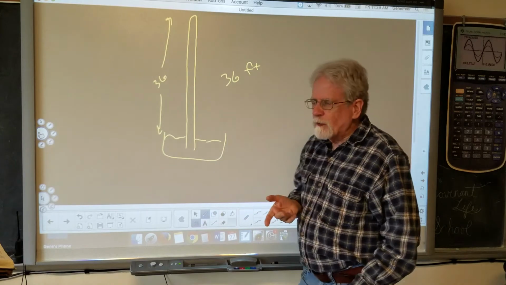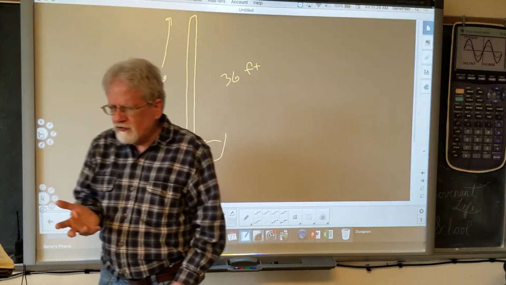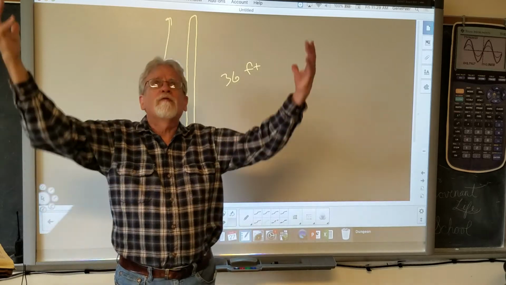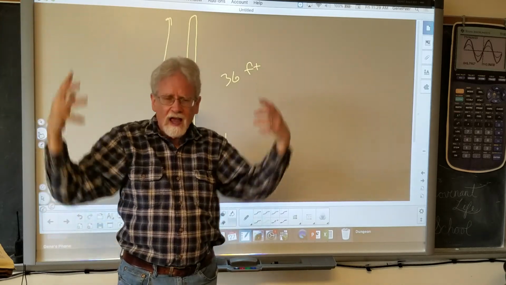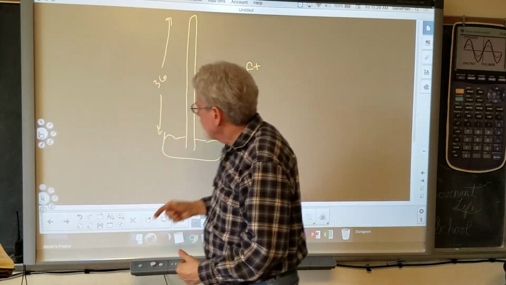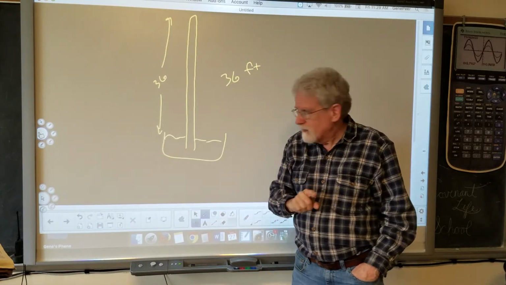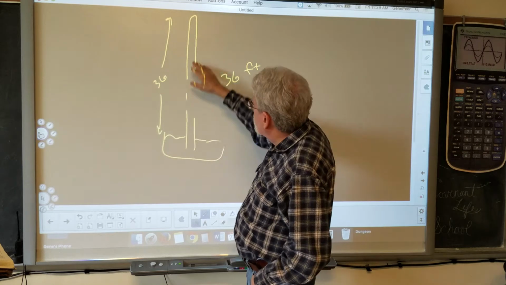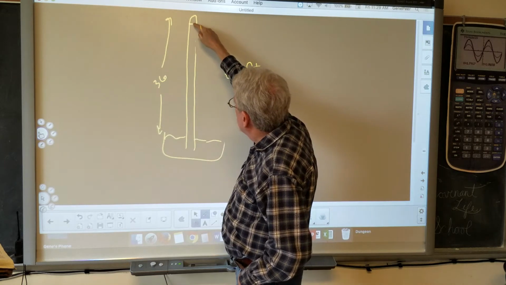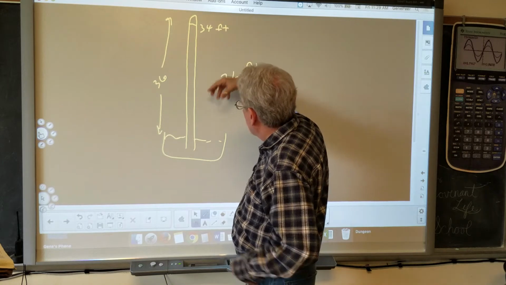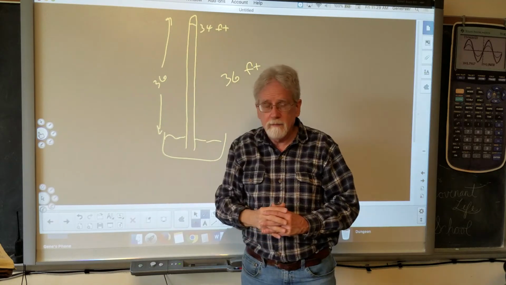If we fill that thing with water, as was mentioned earlier in the demonstration I showed you, the atmosphere around us is heavy enough to hold up 34 feet of water. So if this whole thing is filled with water, it could be filled all the way up to 34 feet, and the atmosphere would hold it up.